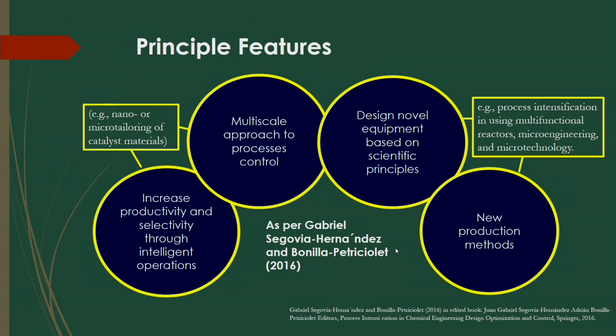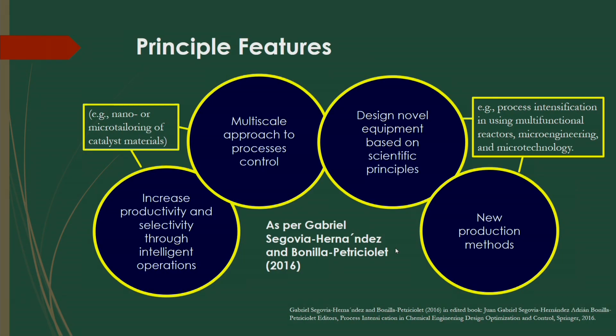Another feature is new production methods. You have to think about how we can produce different types of products, and also different methods to produce those products. So, you have to intensify the methods; you cannot use the conventional process to produce, for example, just separation processes.